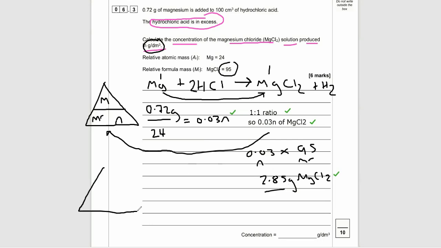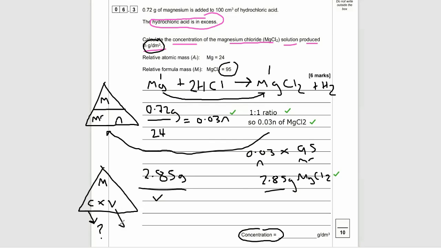Now I just need to work out the concentration. So I'm going to draw another triangle. This is the second mole one you need to know for combined science or trilogy. It's mass over concentration times volume. So the mass is 2.85. I need to just find the volume in the question and divide it. But there's one more element. Volume must always be in dm cubed.